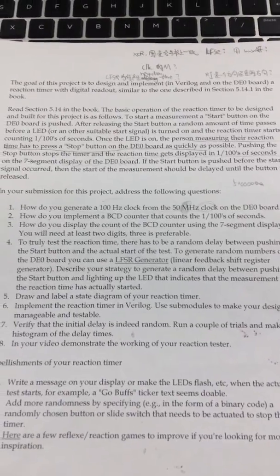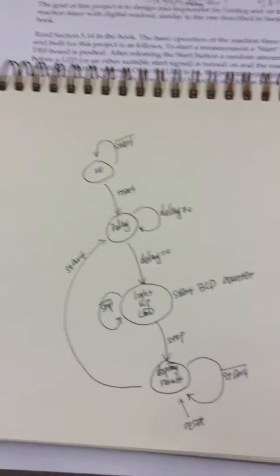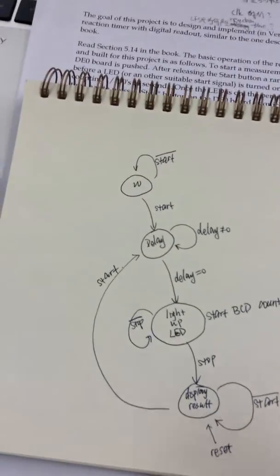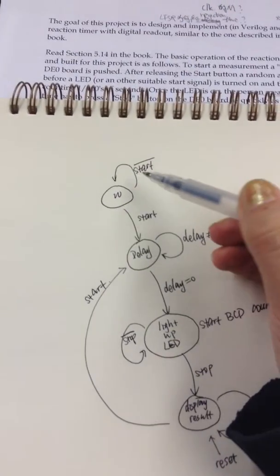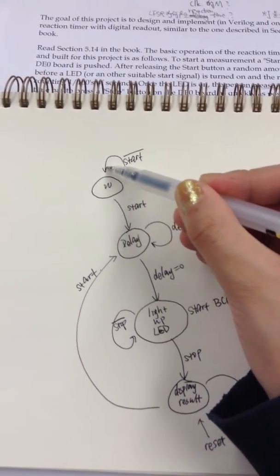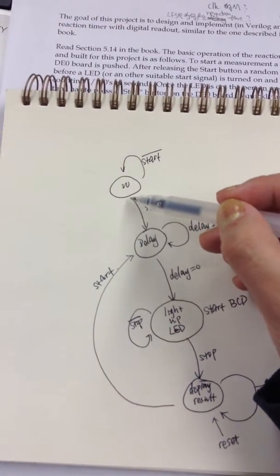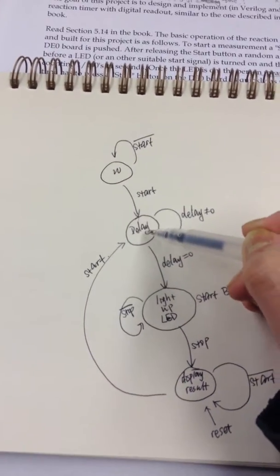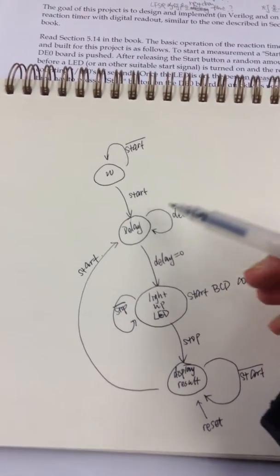Fifth, draw and label a state diagram of my reaction time, and here is my state diagram. Initially we are at the wait state, and if we do not push the start button, we will still circle in this state, and once we push the start button, it will go to the delay state, and the computer will count the delay.